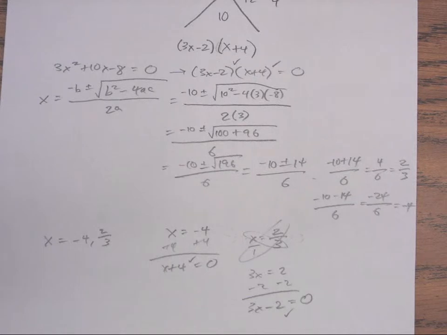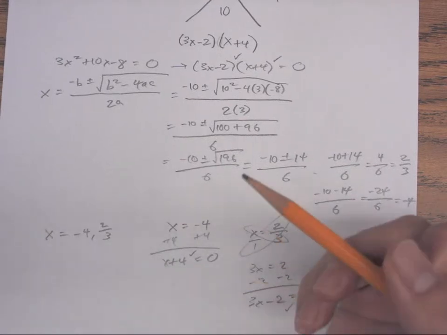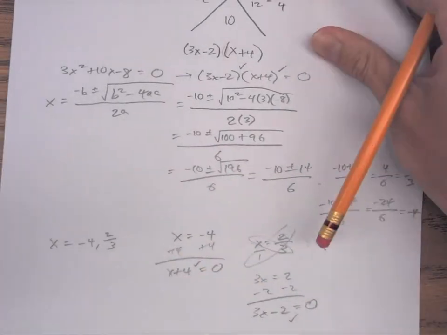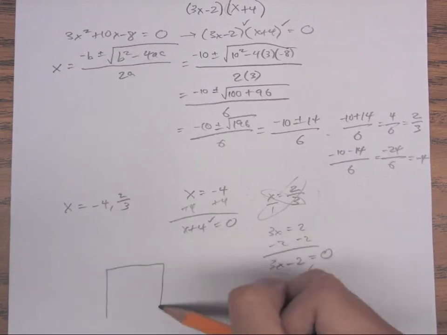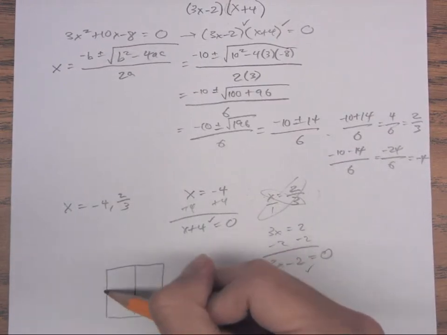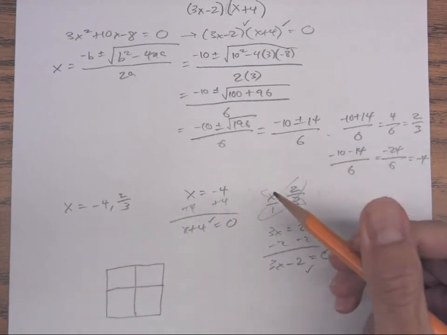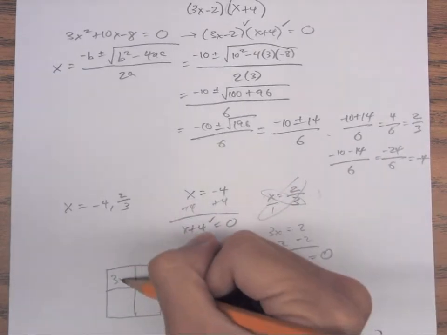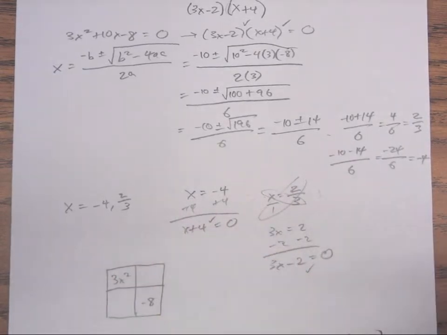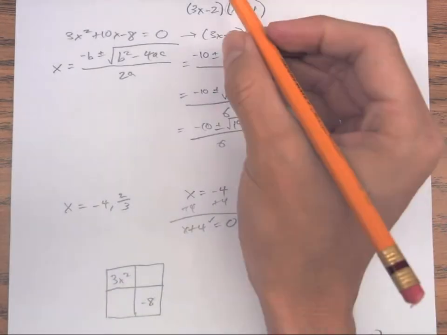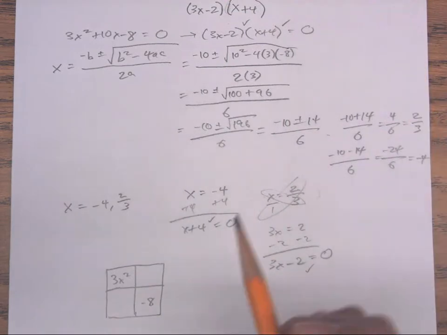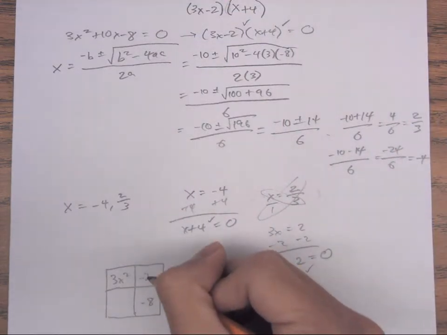Or you can do the box method. I do the lovely box on the side. Box, box, box. Okay, so 3x squared. This one's a negative x. So our two numbers that we determined up here were negative 2 and 12. So this is a negative 2x.